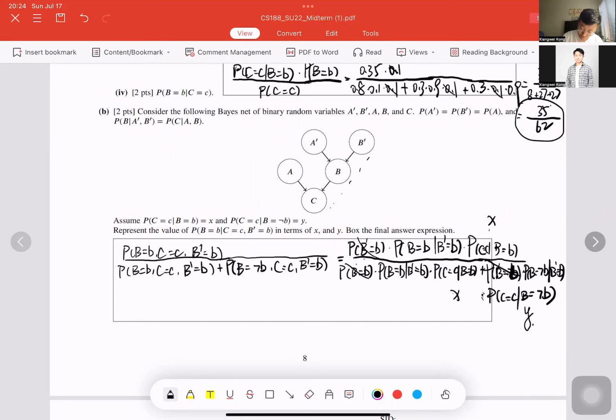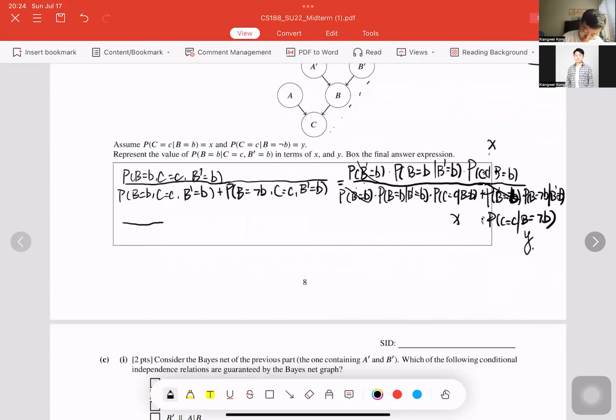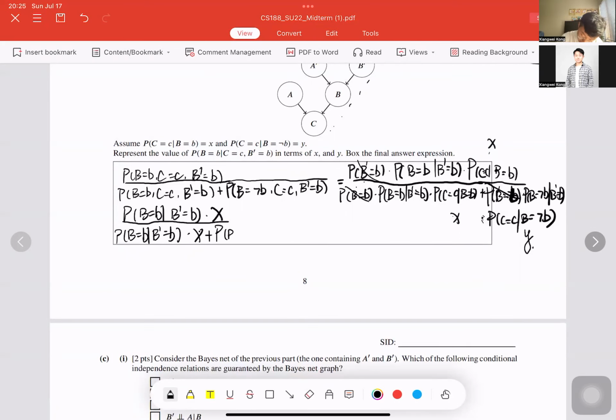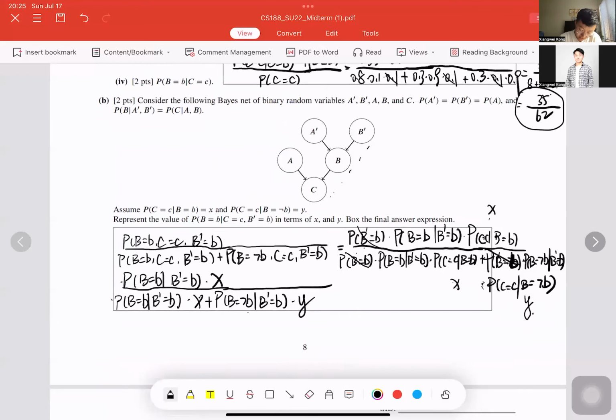So now just clean up the expression. We have B equal to B given B prime equal to B times X times X plus, times Y. So we just want to see if we can solve these three probabilities, especially the first one.